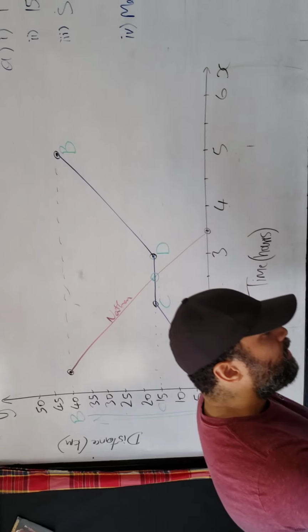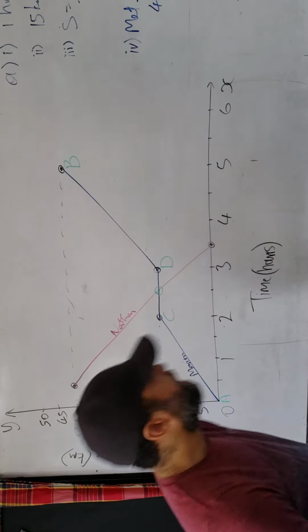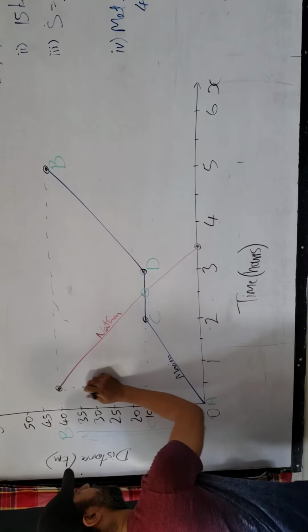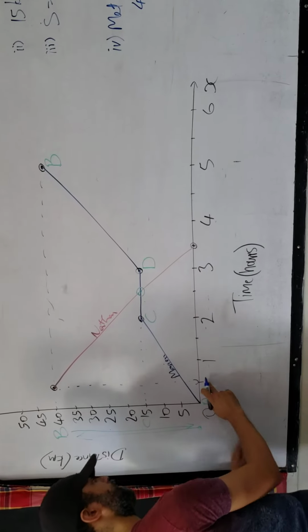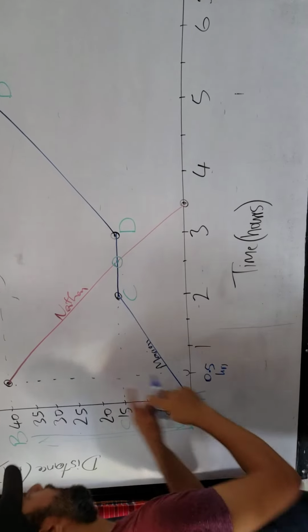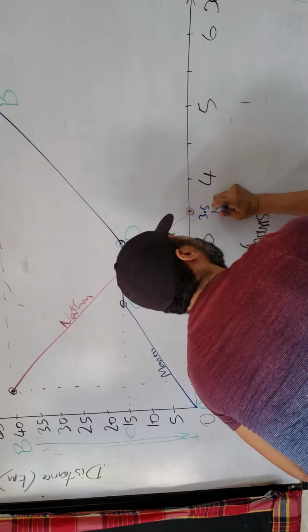Next, number 5: the time Nathan took to complete the journey. Nathan started right here at 0.5 hours, and he ended right here at 3.5 hours.